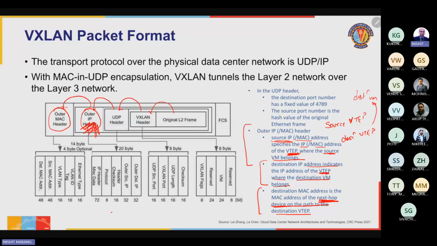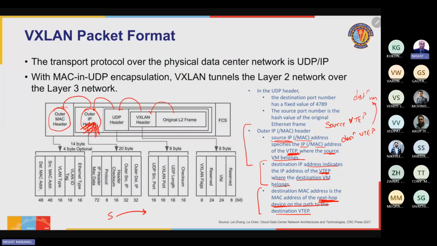The source VTEP knows the next hop router is R1 when going to the destination. R1 knows the next hop is R2. R2 knows the next hop is the destination VTEP itself. So when S creates the MAC address to reach D's IP address, what is the destination MAC address? It puts the MAC address of R1.